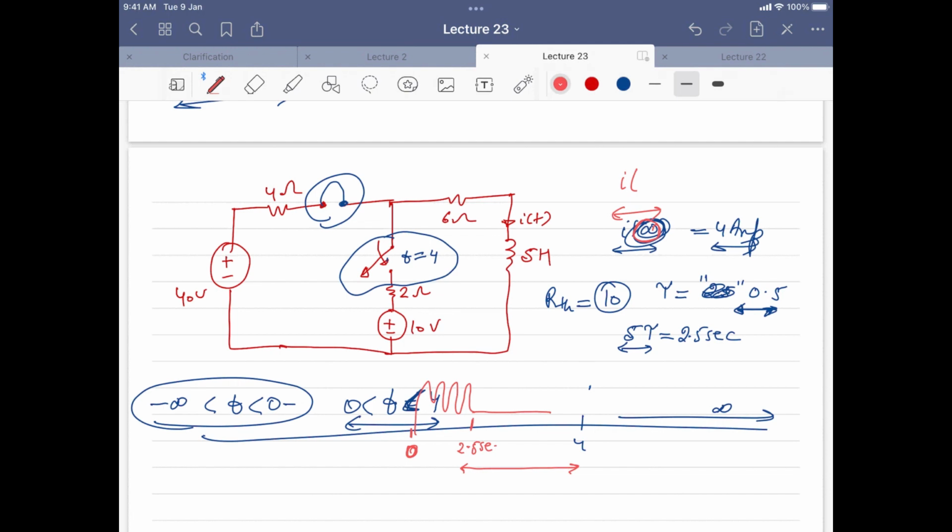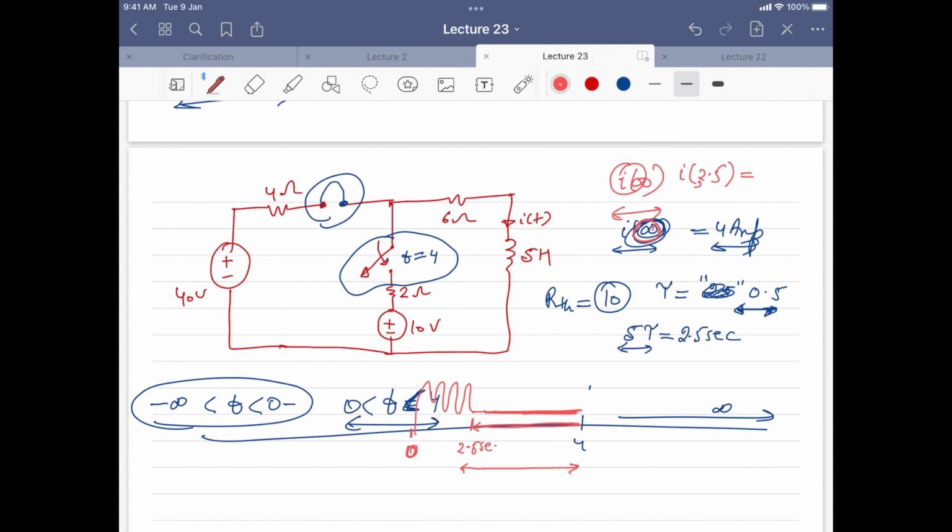Practically speaking, it is infinity only, because this is basically a settling point where the current settles down. If you write I at 2.5 or 3.5, it will also be a settling value only.